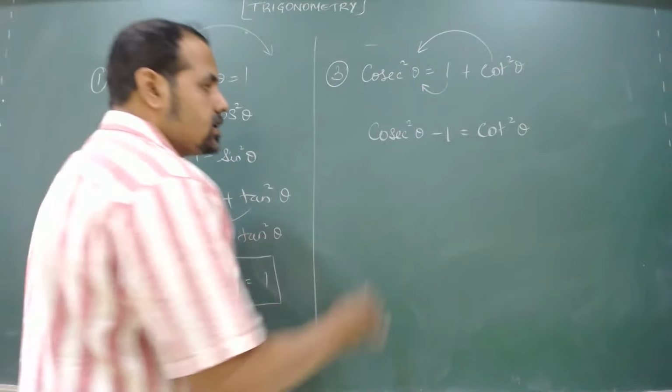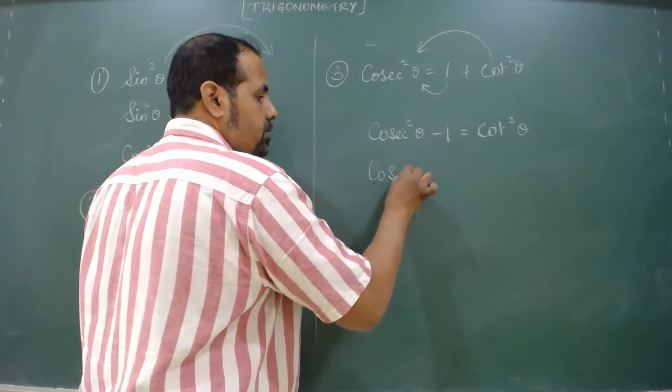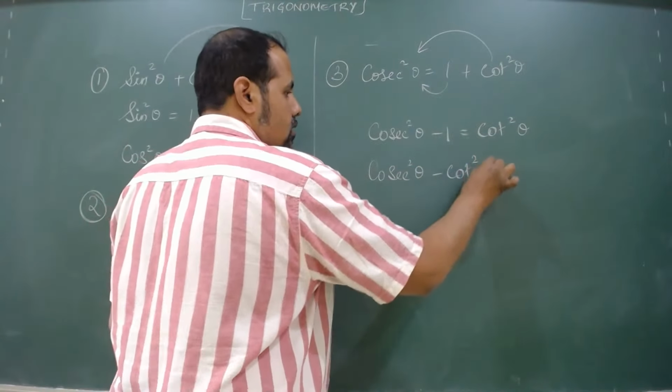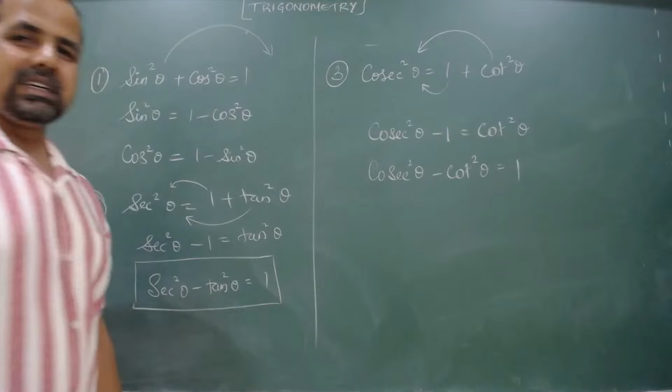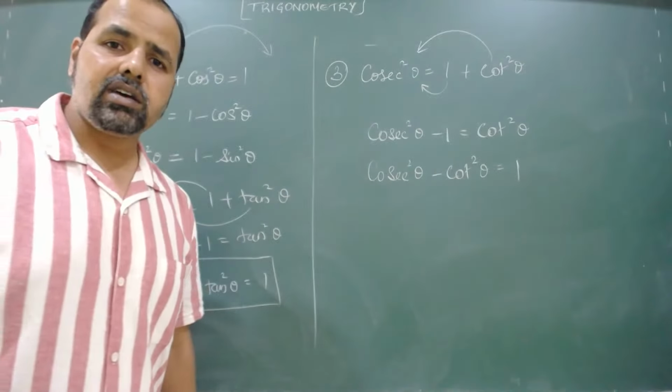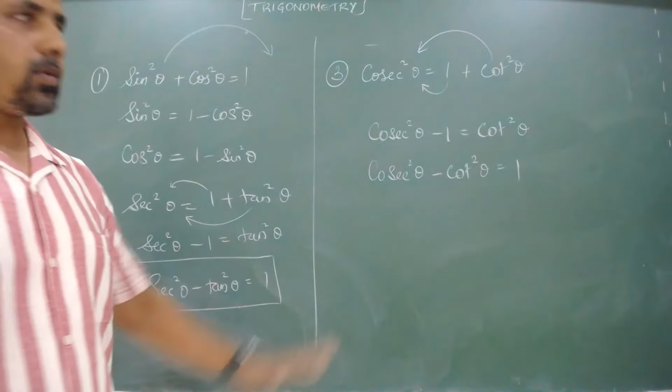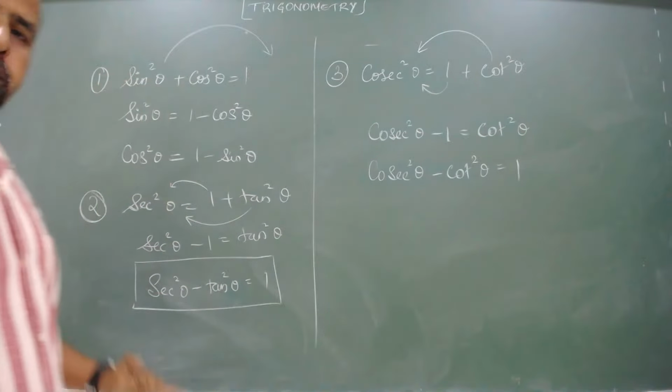Same identity, instead of transposing 1, if I transpose cot square theta towards the LHS, cosec square theta minus cot square theta is equal to 1. You can still write the same identities in a different way depending on the problems, but these are the regular ways of writing the identity.